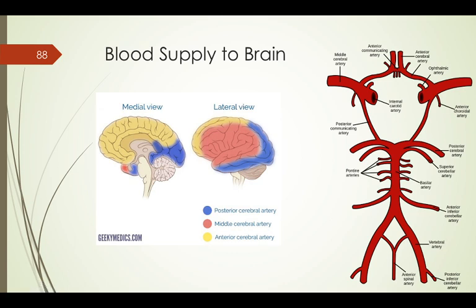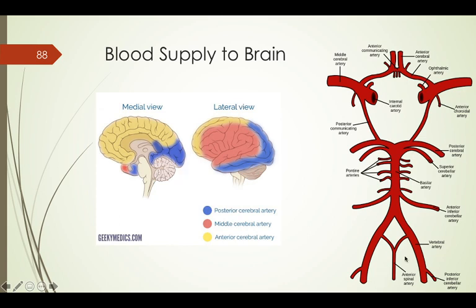Blood supply to the brain. So this is quite an important slide to be aware of just anatomically. So in terms of blood supply, this is if you cut the brain in half, and this diagram represents where each of the arteries are supplying, and you can think about that in terms of, if you had disruption of those arteries, what consequences that would cause depending on where it is in the brain they supply.